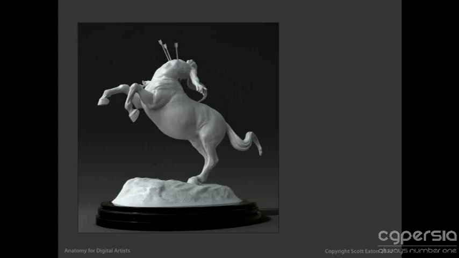So you can almost think of what we're learning in this next couple months as a broad foundation for you to continue to explore human anatomy, but also to use it as a launching point for understanding and studying how to build believable animals and creatures.